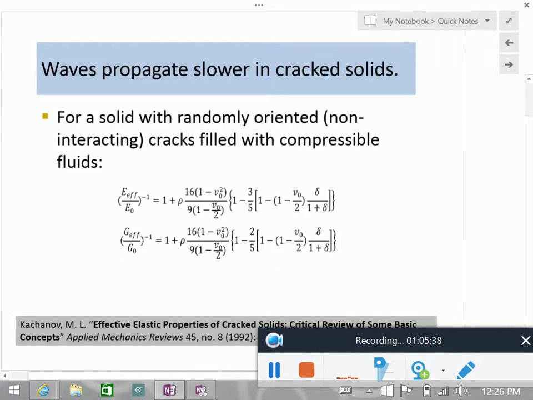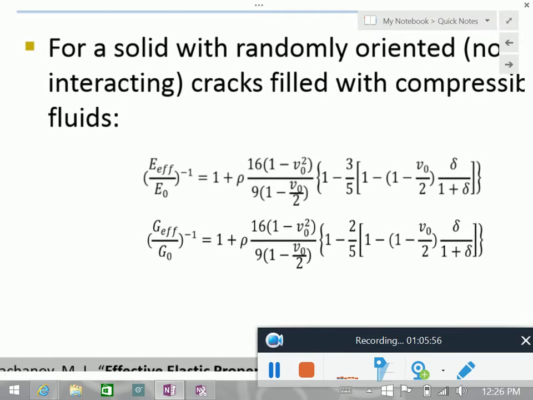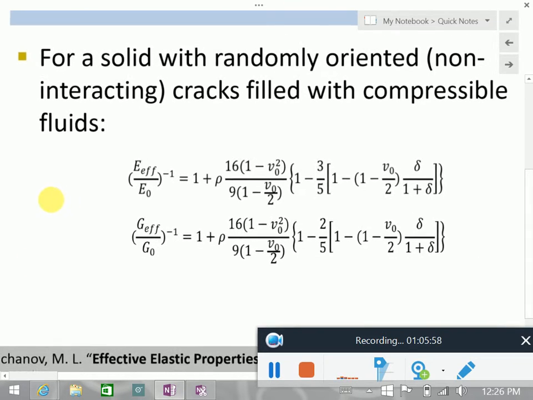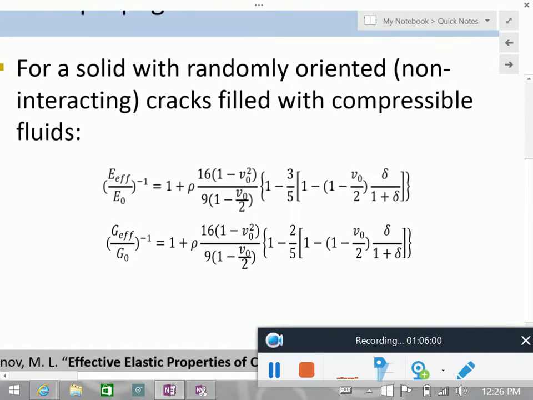Now, if we don't have pores and we have a collection of cracks, there are analytical solutions that relate the change of elastic properties to the density of cracks. So let's look at what this equation is about.